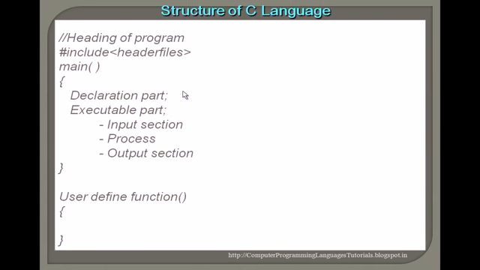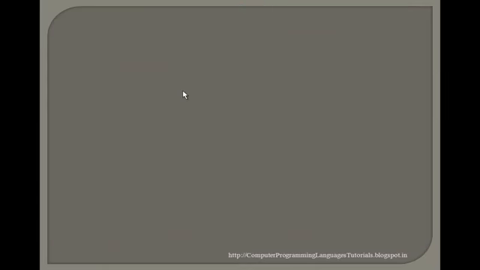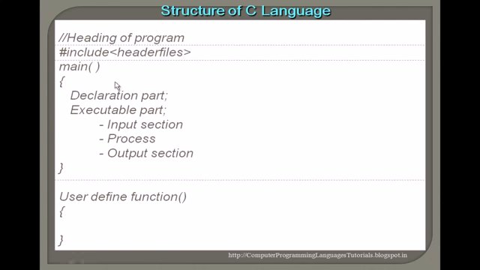What is the structure of C? First, by using a single line comment, you can write a heading of the program, then include the header files. After that, your program begins with the main function. Main function is also divided into a declaration part and an executable part.